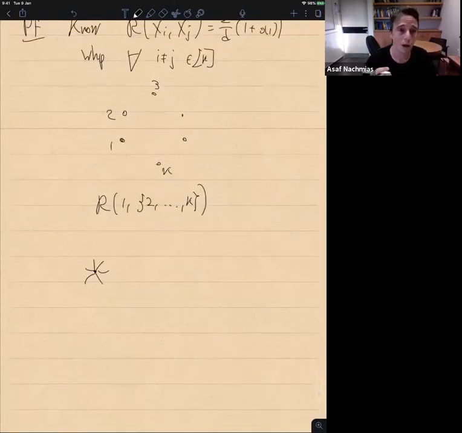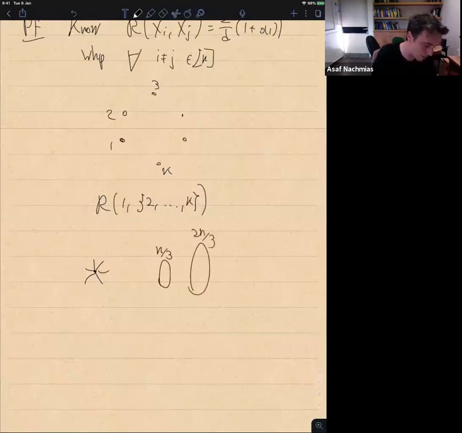So let me tell you a different example where I will not be cheating. Let's look at the complete bipartite graph, where on one side you have n over 3 vertices, and on the other side you have 2n over 3 vertices, and you put all the edges between them, right? So definitely not regular. On the left you have one degree, on the right you have a different degree.